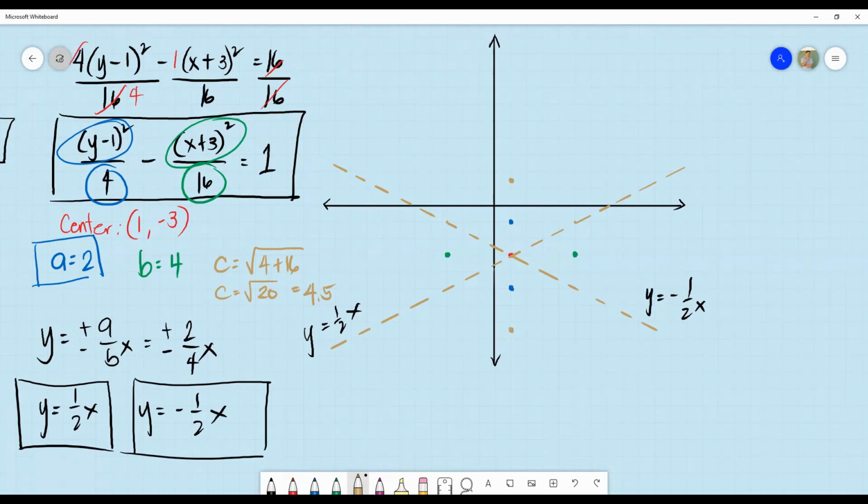Now, all we need to do is to solve for our LLR. When we say LLR, that's the length of the latus rectum. And the length of the latus rectum is 2b squared over a.